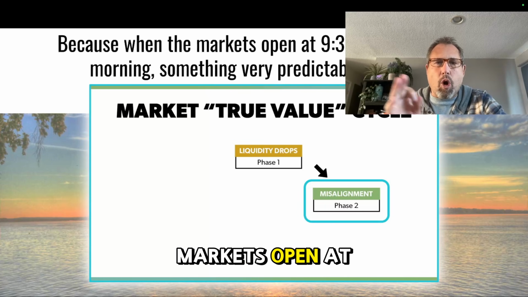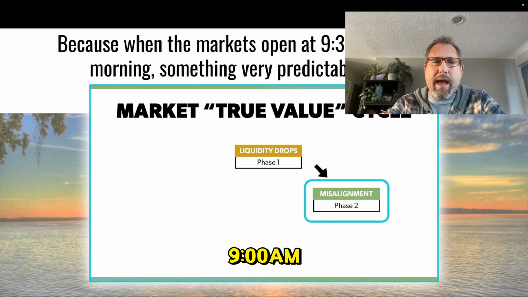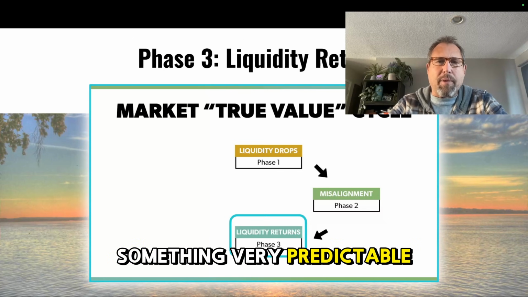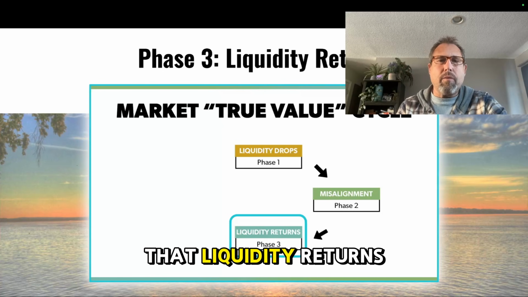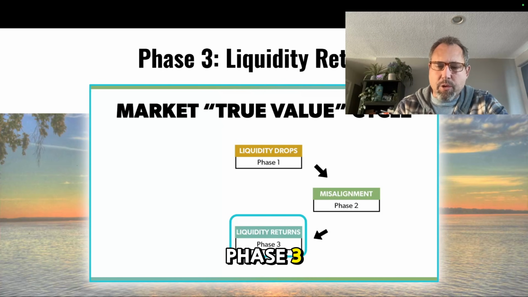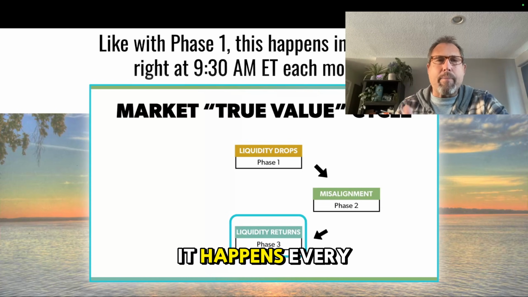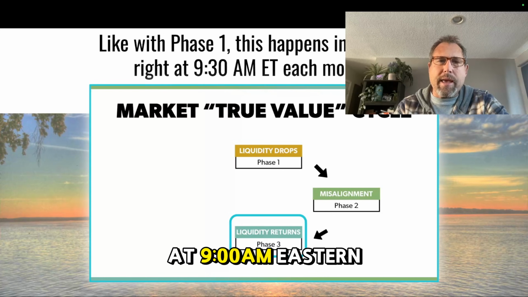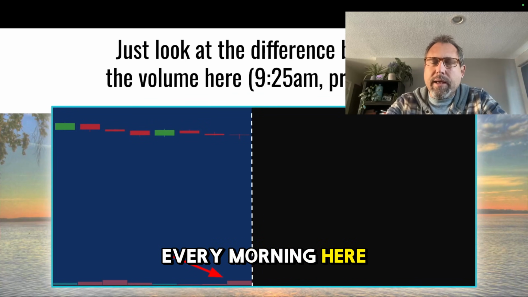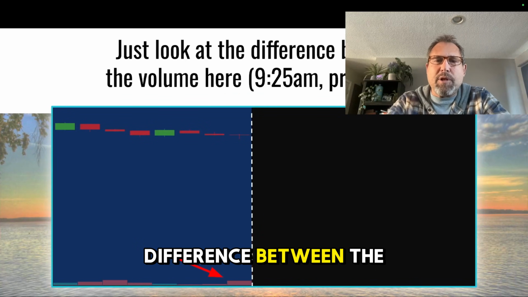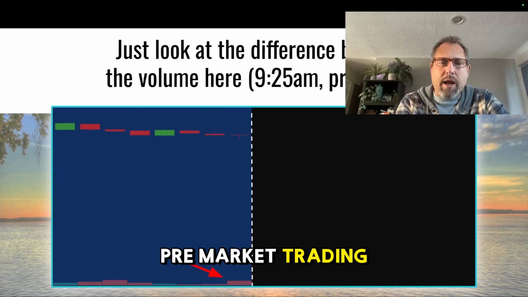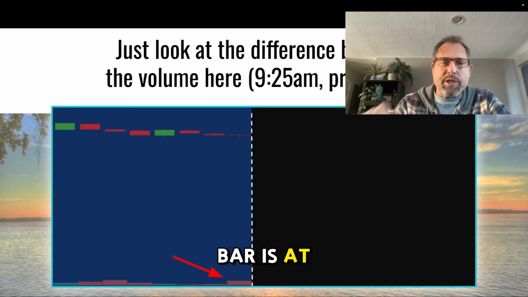Because when the markets open at 9:30 a.m., something very predictable happens. That liquidity returns. So this is phase three, liquidity returning. And just like phase one, it happens every time the market opens at 9:30 a.m. Eastern time every morning. Here again, look at the difference between the pre-market trading and the volume bars at the bottom there.